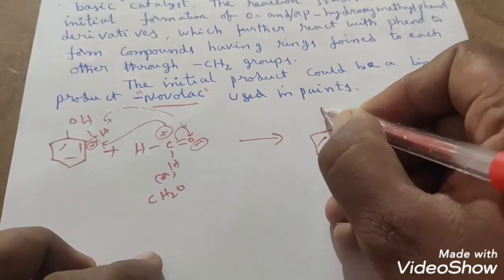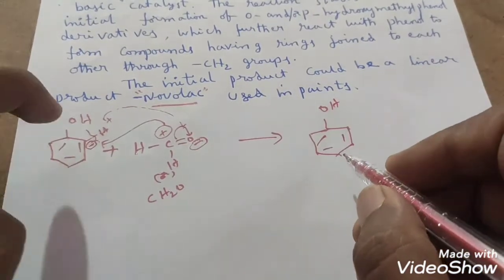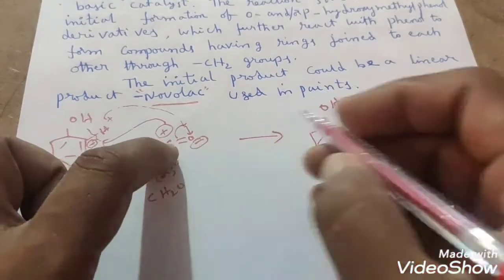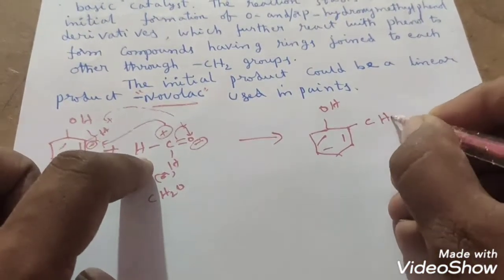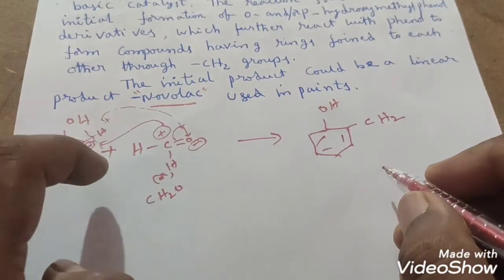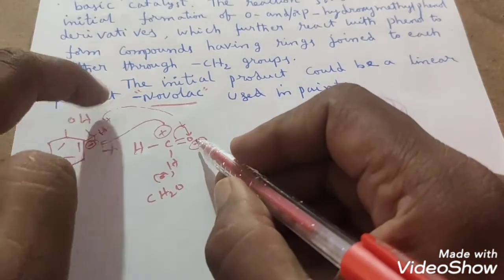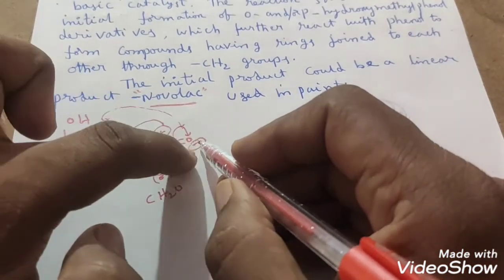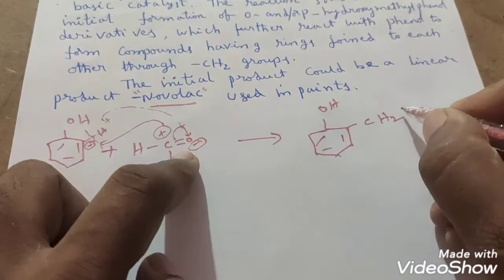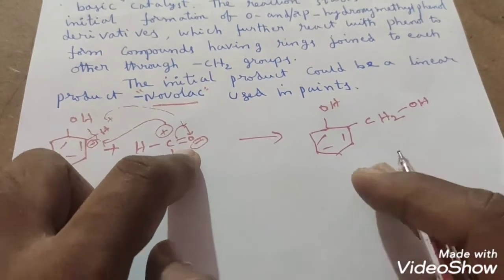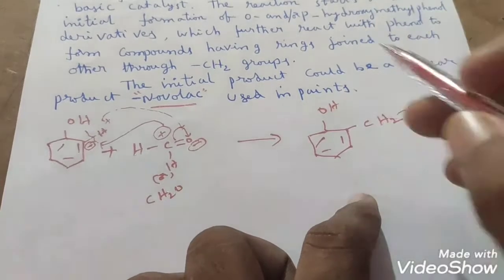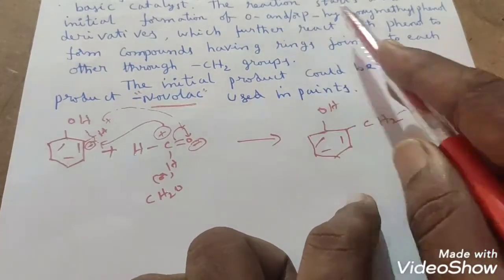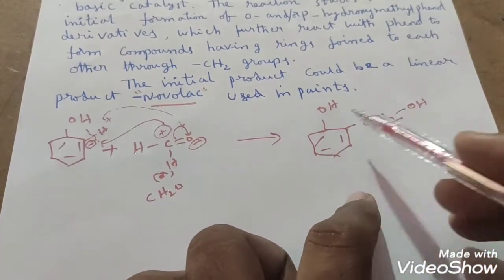On benzene, as it is, you take OH, that is phenol. At the ortho position, this carbon is attacked. That carbon is bonded to two hydrogens, as it is I have taken. And this oxygen is attacked by the H plus ion. That OH also you can take. See that, ortho-hydroxymethyl phenol.